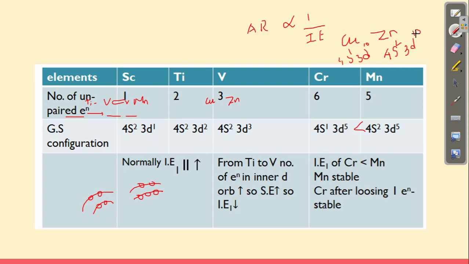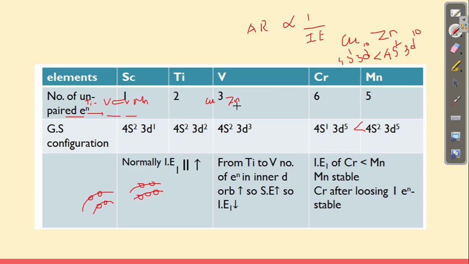For the same reason, it has a completely filled orbital and is very stable, and removal of the first electron from zinc is going to be very tedious and needs more energy. But copper has only one s electron, so the first electron removal, that is IE1, the first ionization enthalpy, is easier for copper than zinc.